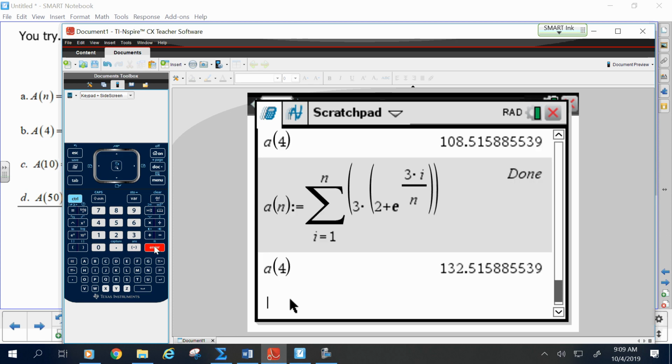Okay, how about 132.515? Still no? 3 over n. 3 over n times.